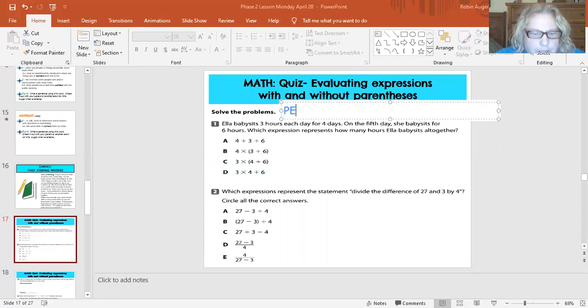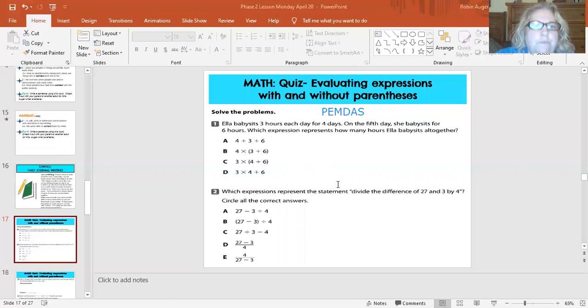Capital PEMDAS. There. Okay, so we have our letters. Parentheses, exponents, multiply or divide, divide or multiply, add or subtract, subtract or add.